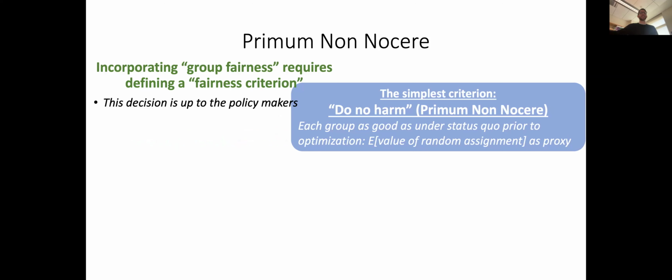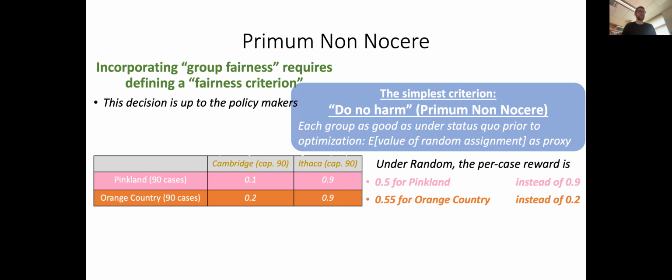So the expected value that a group receives in terms of their expected employment value should be at least the expected value of random assignment. So in this case here, we would randomly assign and we would find, well, for Pinkland, the per case reward is 0.5 if we randomly assign. For orange country, if we randomly assign, the average reward is 0.55.